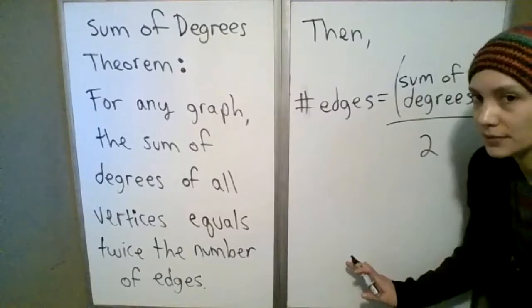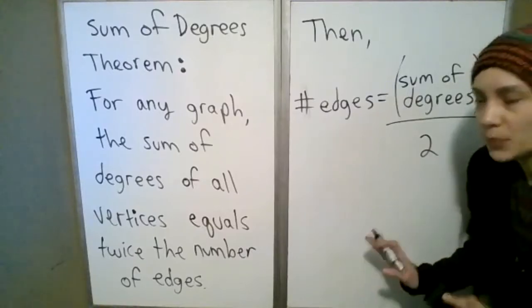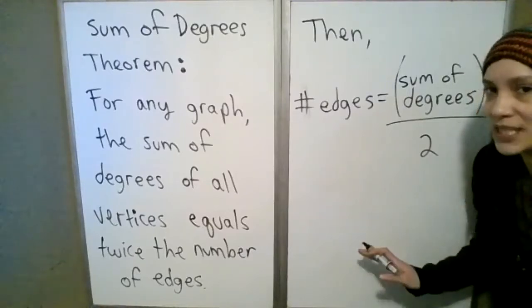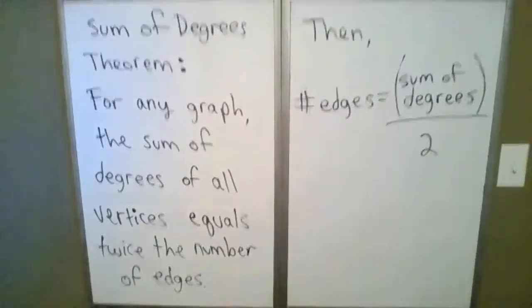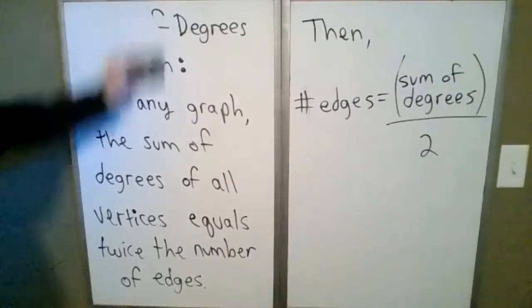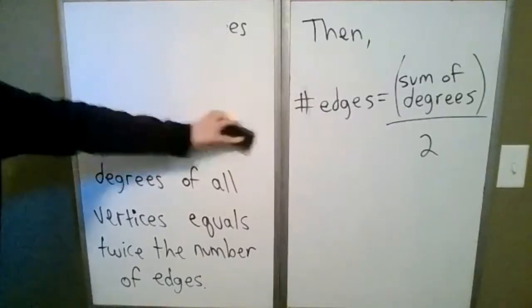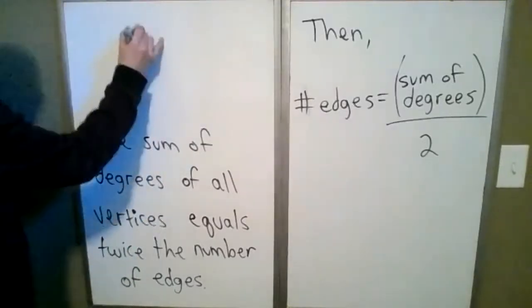So for the first graph, we are going to draw 5 vertices. One, two.